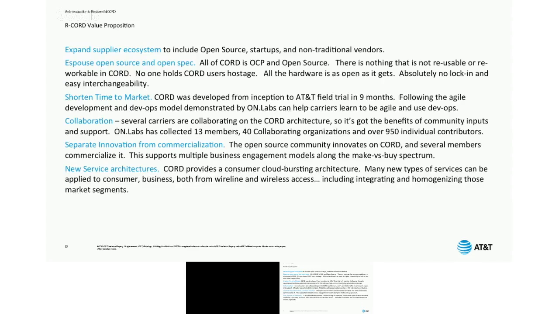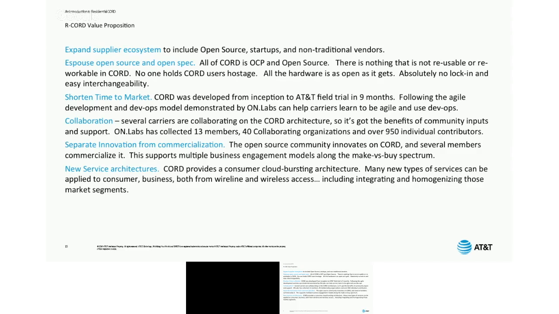Okay, and then lastly, what are the value propositions we see from going into RCord as opposed to what we did before? The one thing is we think it expands the supplier ecosystem. Because they're smaller components, because a lot of this is new, it opens doors for startups, it opens doors for non-traditional kinds of vendors, there's new service integration opportunity. There's a lot of opportunity here because we've shaken up things a little bit, right?